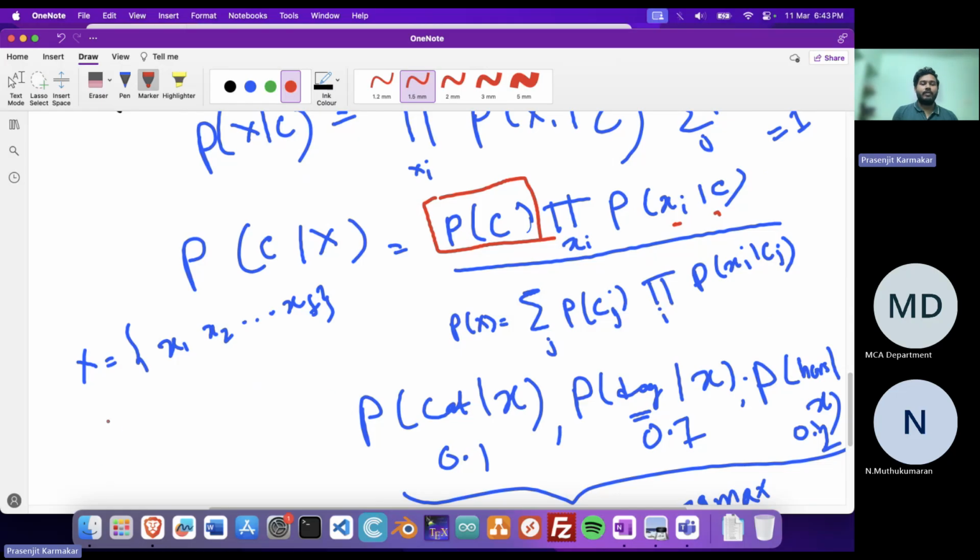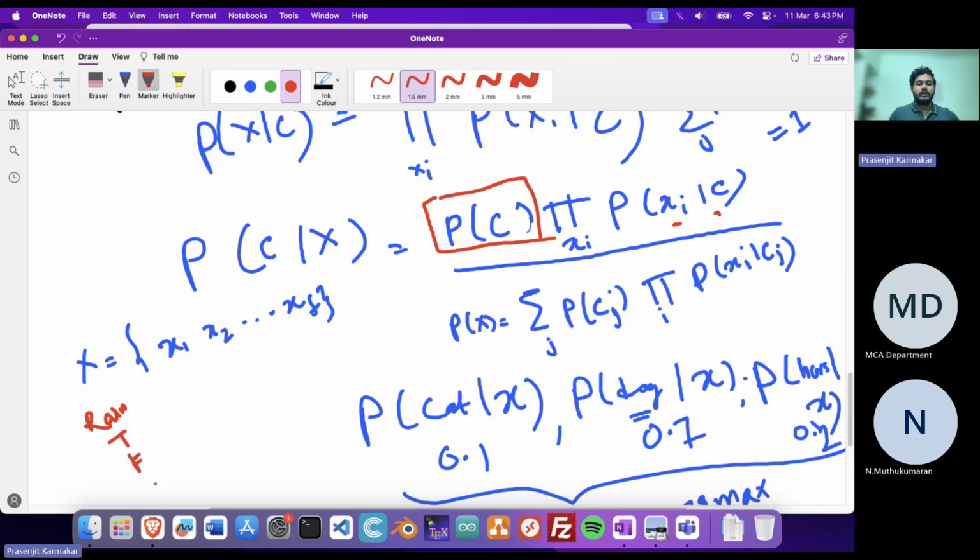Let's say my feature is rain, and it's a true/false column, whether it is raining or not.